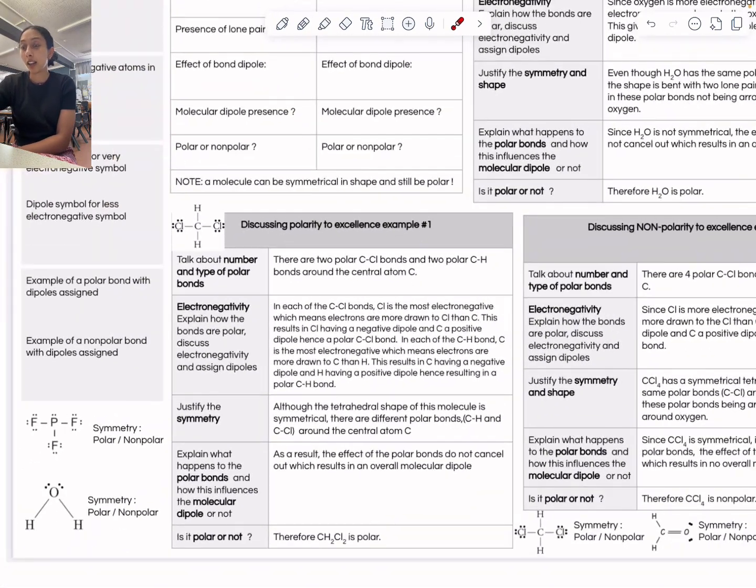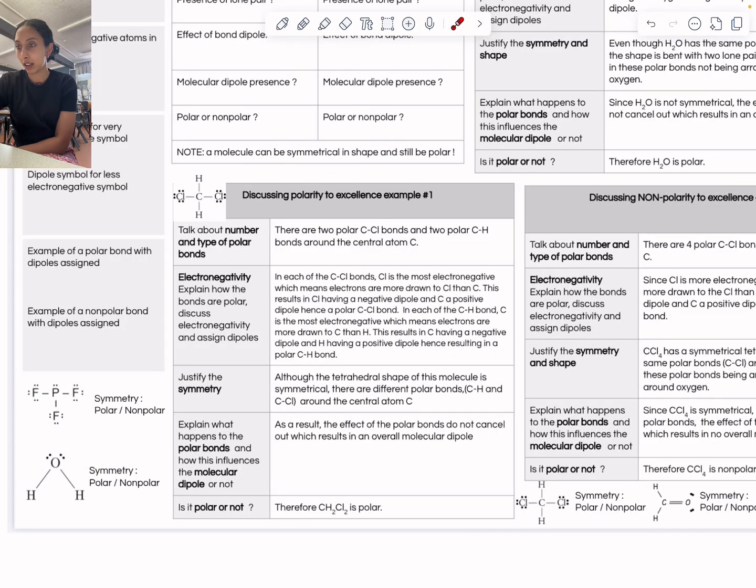And so I've highlighted that and explained it here in the first section. I've said there are two polar CCl bonds and two polar CH bonds around the central atom C. What you could do as well is include the dipoles within that bond that you've discussed. That would be pretty cool to add.